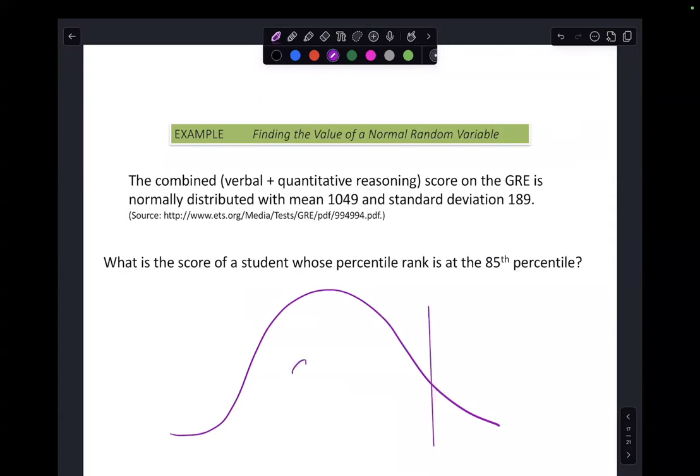This would be 85% right here, and that means 15% of the people are here because 85% scored less than or equal to. So what's really cool is this is to the left of that value. So I can easily dig into my z table and find the z-score that's at the 85th percentile. So I'm going to do that.